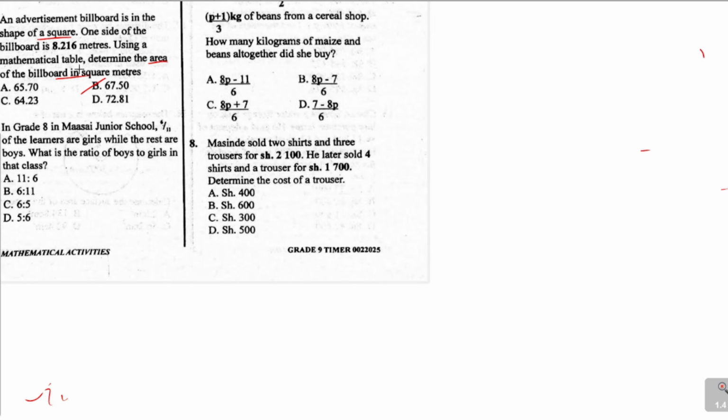So 2 shirts, we will let the cost or the price of a shirt be S. Then for a trouser, 1 trouser to be T shillings. So the cost of a shirt, S shillings, the cost of a trouser to be T shillings.